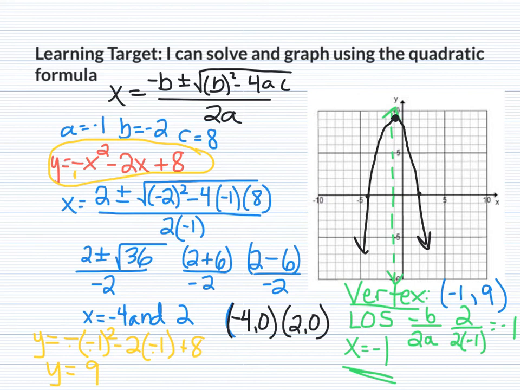Okay, so I'm going to give you one more problem. I want you to find the x-intercepts and the vertex, and then we'll talk about graphing it in class. So here's the problem. Y equals 2x squared minus 3x minus 20.